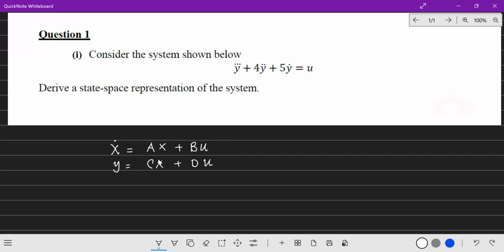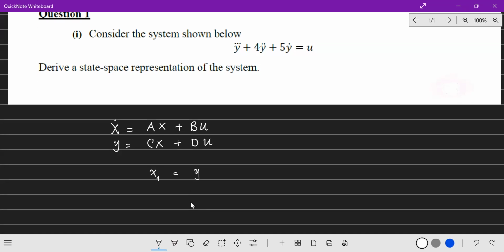So we're going to say let x1 equal y. Now next, what if I differentiate this?